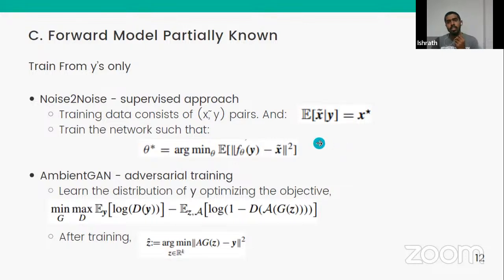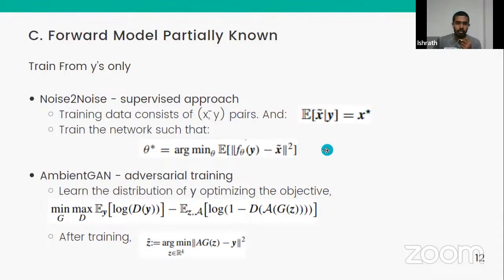One thing in this approach is that if for a given y we have several different x tildes, then we can ultimately achieve a good reconstruction quality, because we know for a fact that for a given y, the expectation of this noisy x is going to be the ground truth.